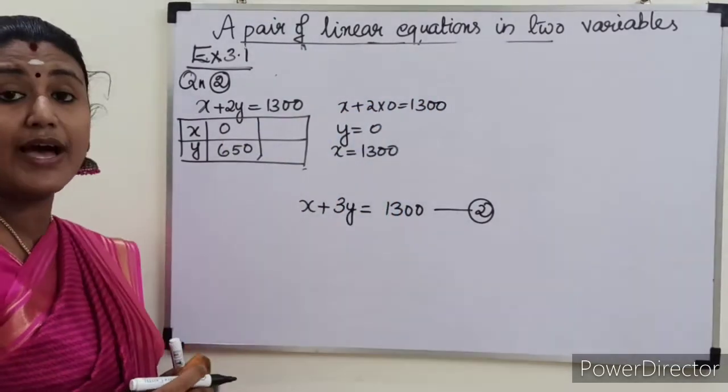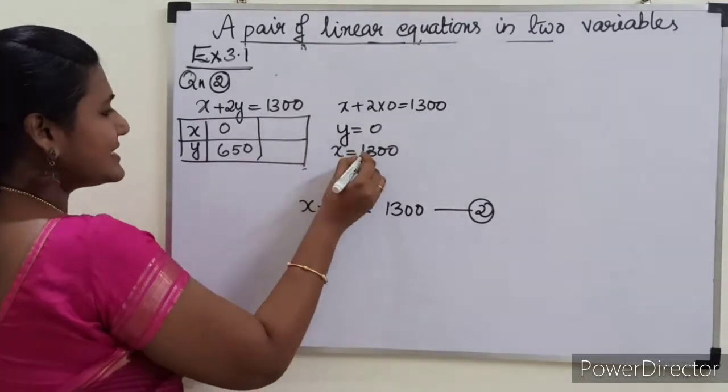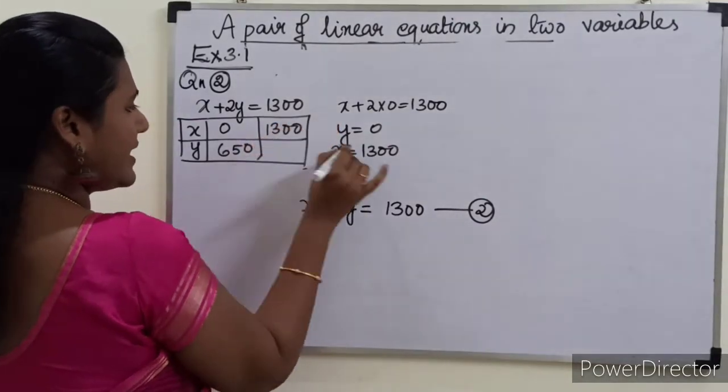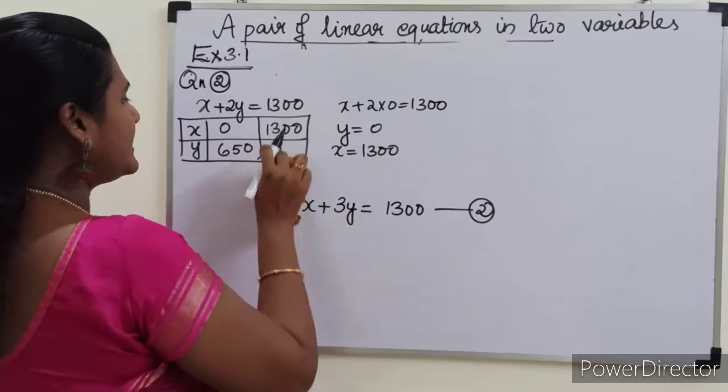So you will get the x value as 1,300. So this is the second solution: 1,300 is the x value and y value is 0.